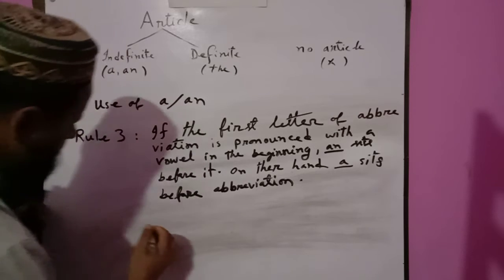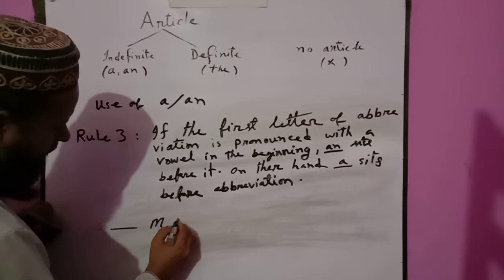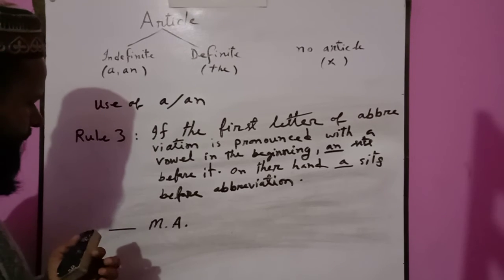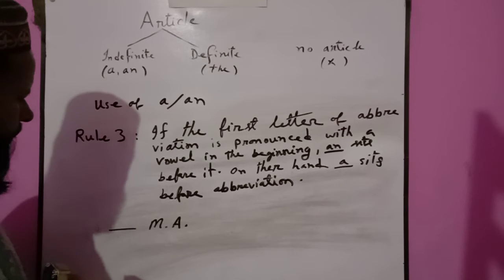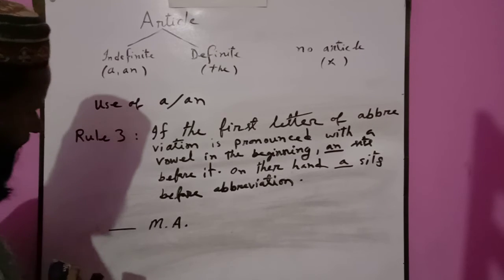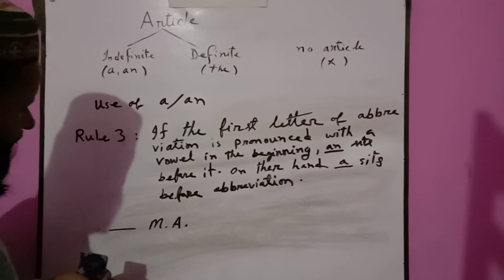For example, MA. MA is a short form of Master of Arts. It is an abbreviation of Master of Arts.